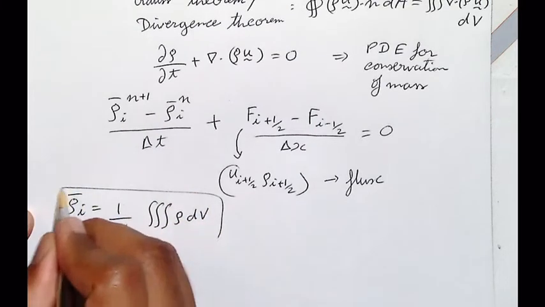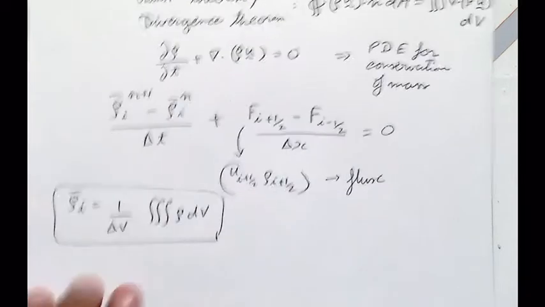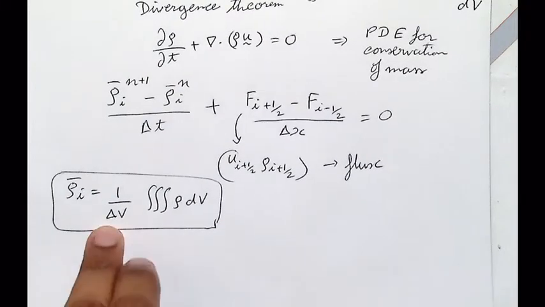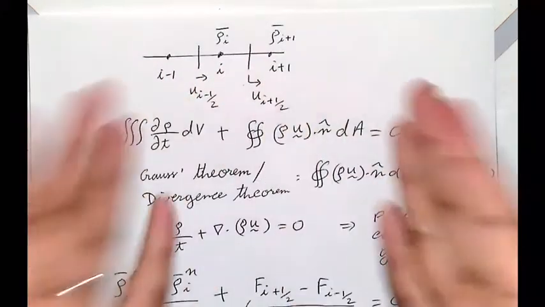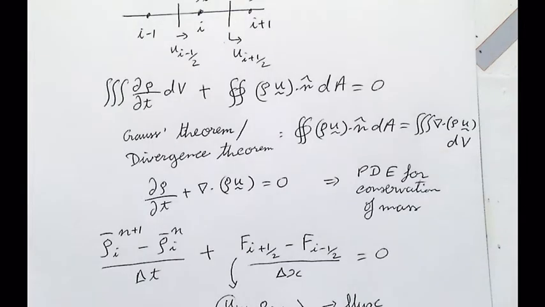Yeah, rho bar is just the cell average, right? And for a 3D cell, we would have the cell volume, but for the 1D cell, the volume is just delta x. Okay, for 2D cells, it will be delta x times delta y.